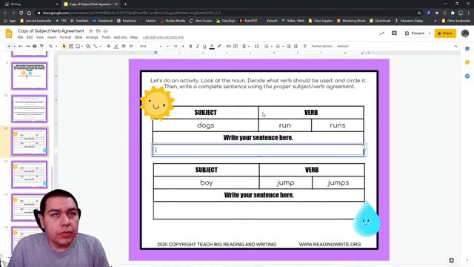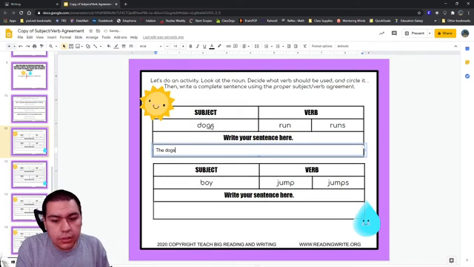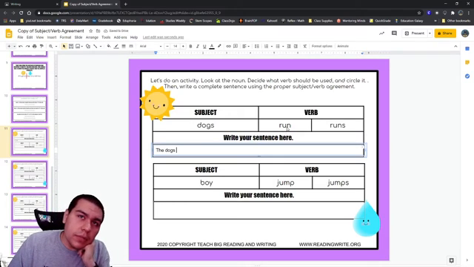So an example for this first one might be, we have the subject dogs, so I can start off my sentence saying the dogs. Then I have to think, should it be the dogs run, or should it be the dogs runs? Well, since my subject is plural, I need a plural verb.